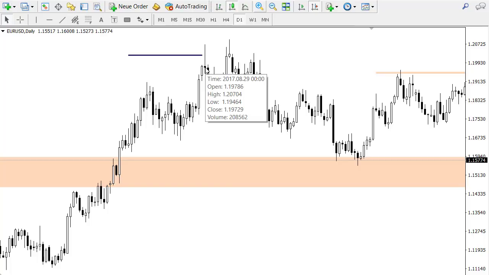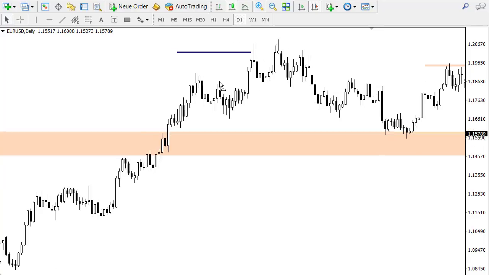You can see the closing price is very near here, the opening price just below that. So from the opening price, the price moved up, and then in the second half of the candle, the price moved down and closed all the way here. So a classic pin bar, and it shows you that although there were quite a few buyers at first, then the sellers took over and reversed the price.